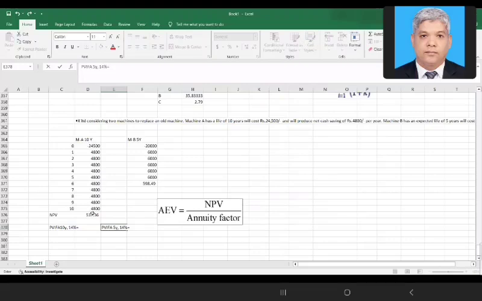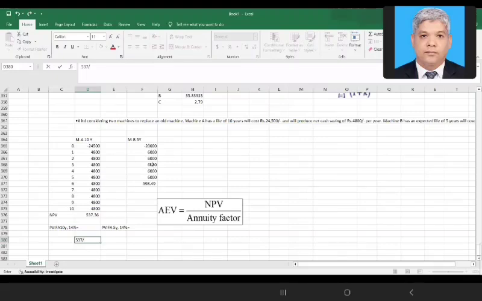What we have to do is, for machine A, the 10-year NPV is 537. That should be divided by the annuity factor value at 10 years, 14%, to see the annual equivalent value.